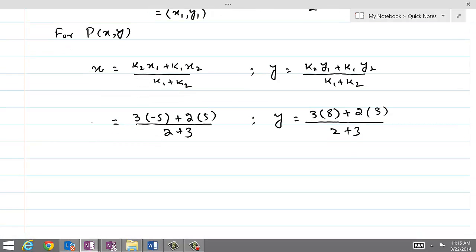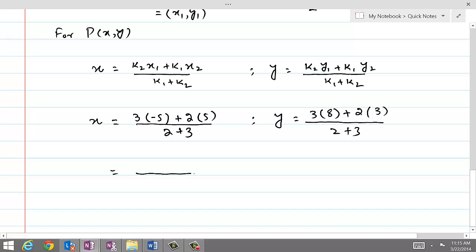And now we can easily find these values. This would be minus 15 plus 10 over 5, and y would be equal to 24 plus 6 over 5.